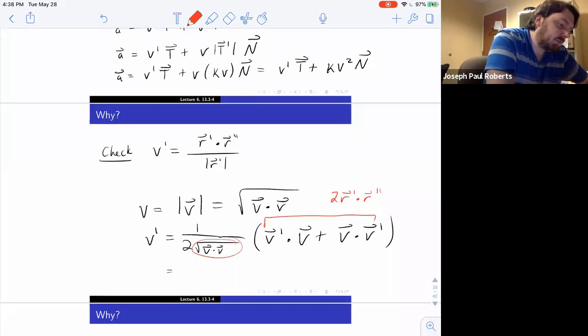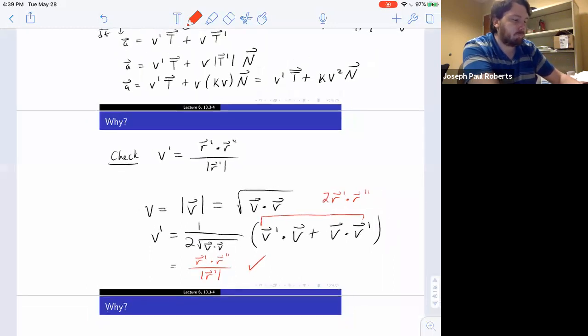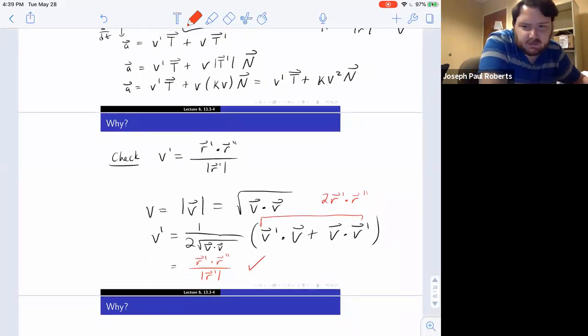This here, that's v itself, so length of r prime, and the 2's cancel, and so you get r prime dot r double prime over length r prime. So essentially it's just some chain rules.